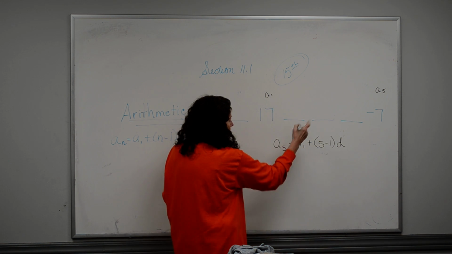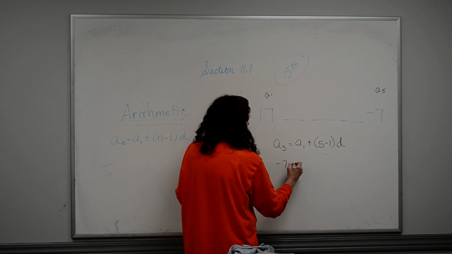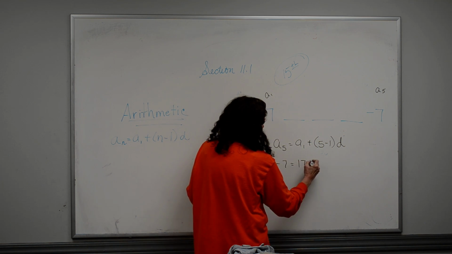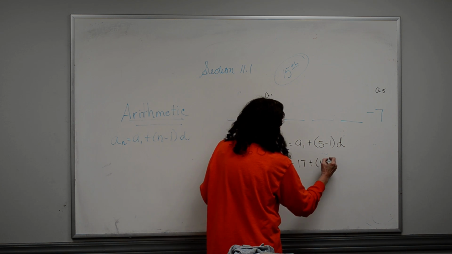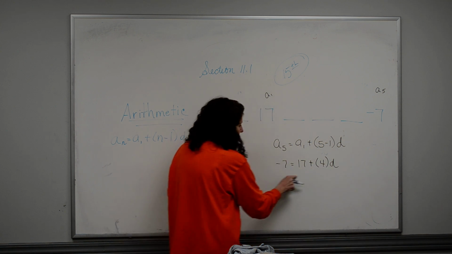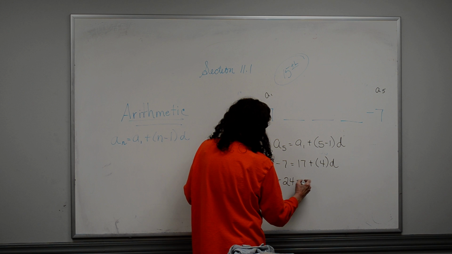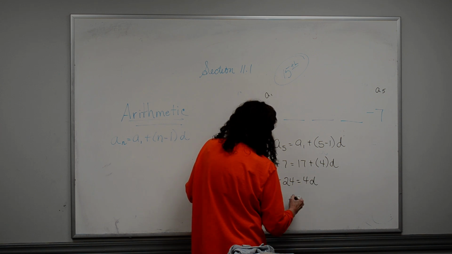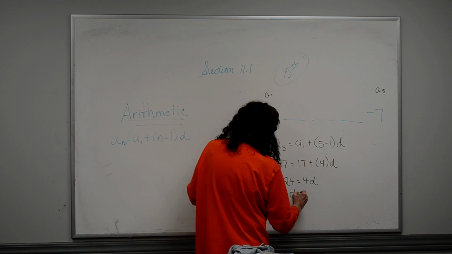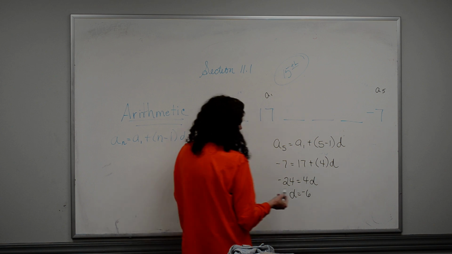My d is my unknown. A sub 5 is negative 7. A sub 1 is 17, plus 4 times d. So I'm going to subtract 17, so I get negative 24 is equal to 4d. When I divide, I get d is equal to negative 6.